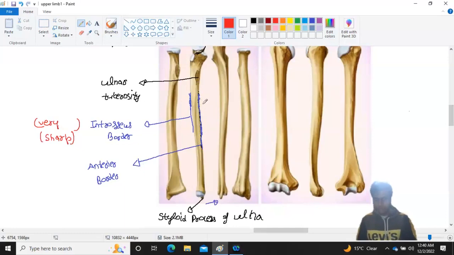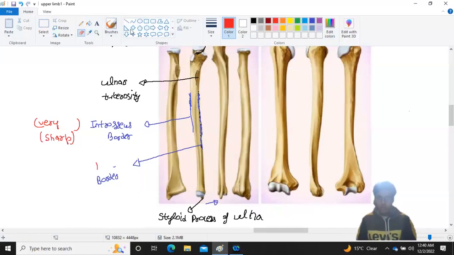So the anterior border is like this. Wait, this is the posterior border. Sorry, here we can see the posterior border also continues on the posterior side. This is posterior, because the anterior continues from here, this one is anterior.